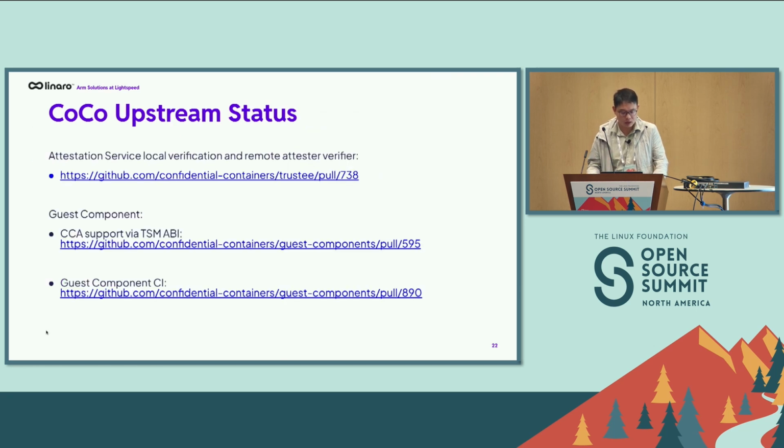And for the upstream part, we can see all these things have been upstreamed. The first part here is Trustee support, which has already been merged with different attestation verifiers, and also in the guest components, the attester support has already supported CCA via the TSM.